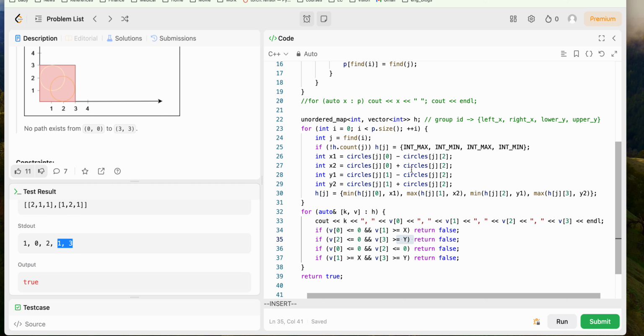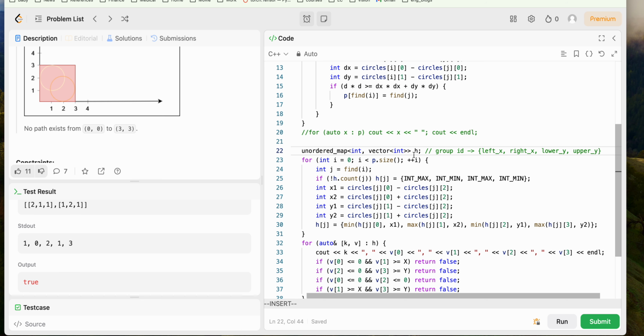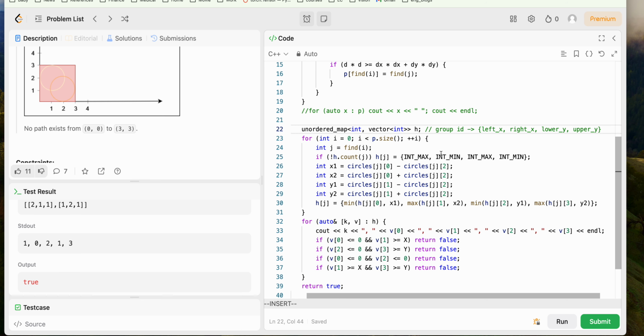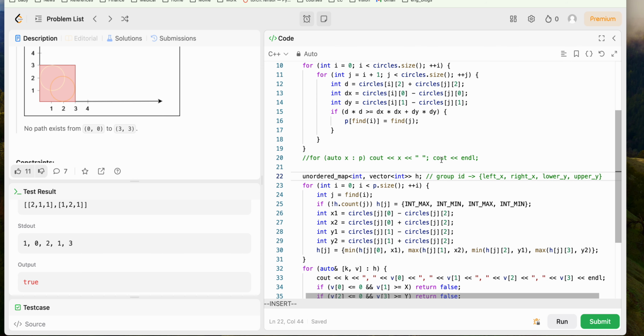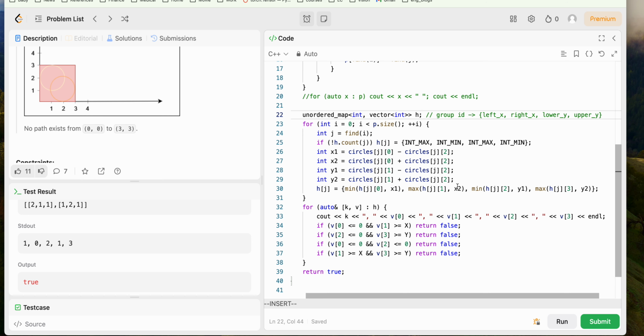I think there could be something wrong with the H. So the calculation of H is wrong, which means this part has some issue, right?